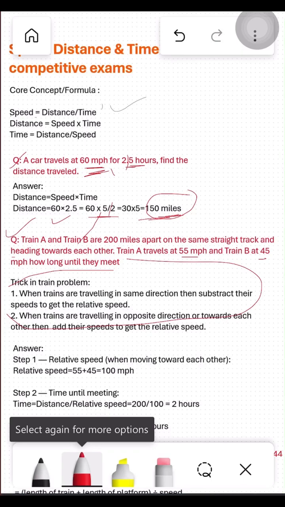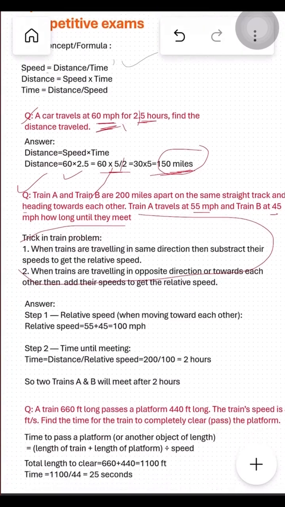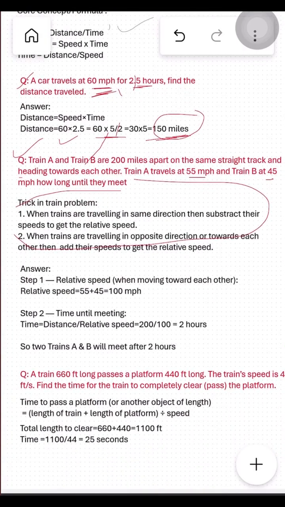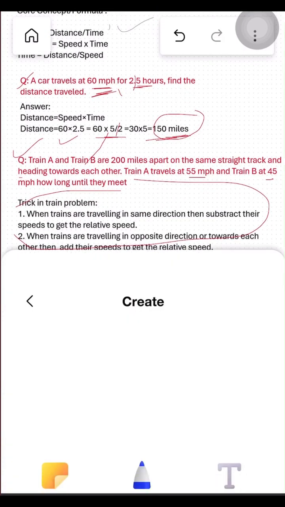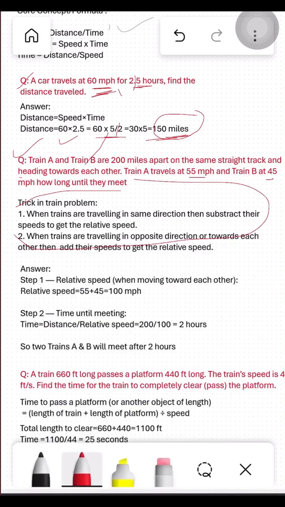So here we will just add the speeds. Our relative speed comes out to be 55, which is the speed of train A given in the question, plus 45, which is the speed of train B given in the question. This gives a relative speed of 100 miles per hour. Now we have been asked how long it will take both the trains to meet.